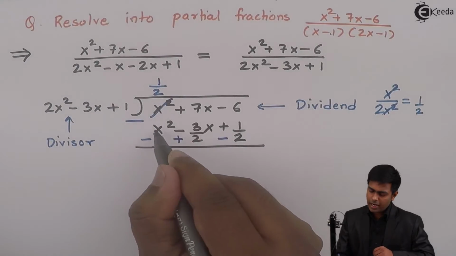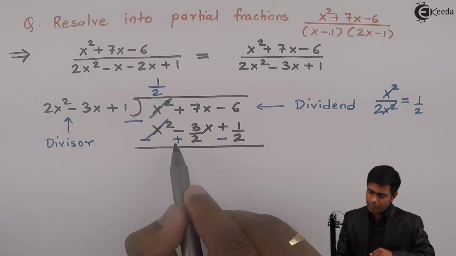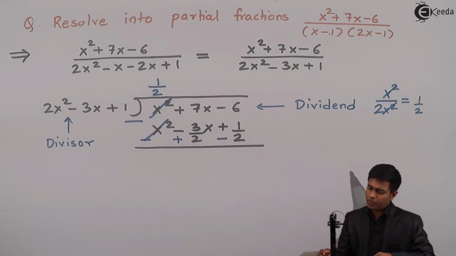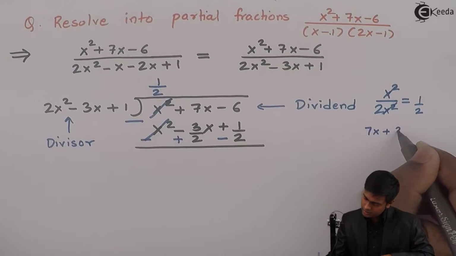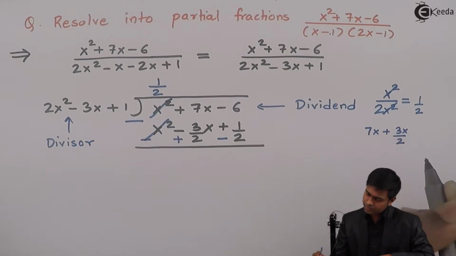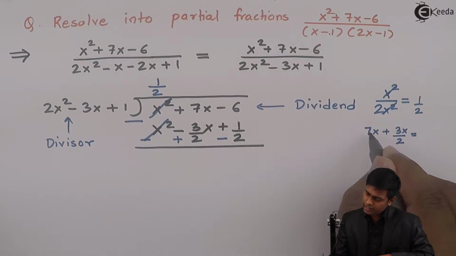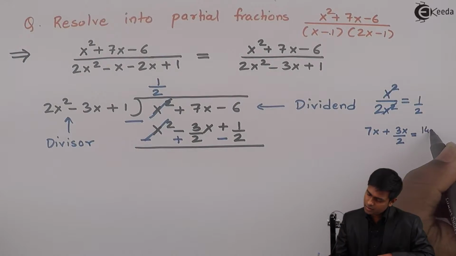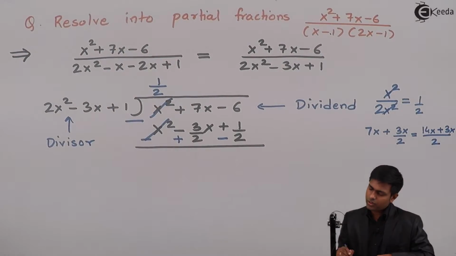So x² minus x² cancelled. Here we have 7x + 3/2 x. Let us perform it here. So 7x + 3x/2 will give us 2 into 7x, that is 14x, plus 3x upon 2, that is 17x upon 2.